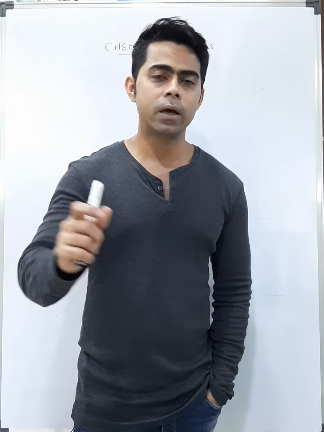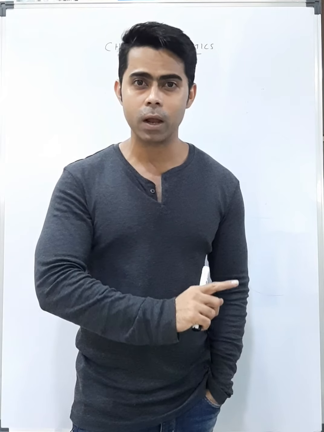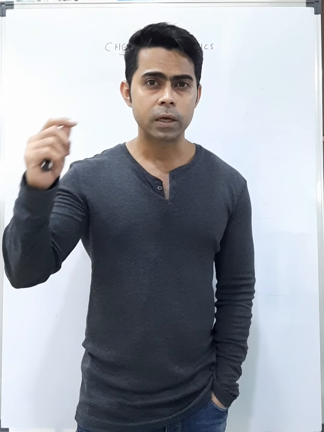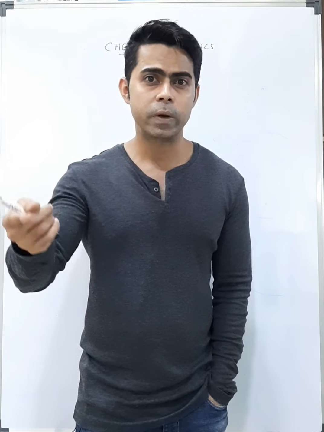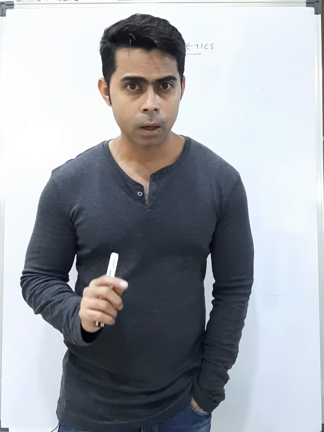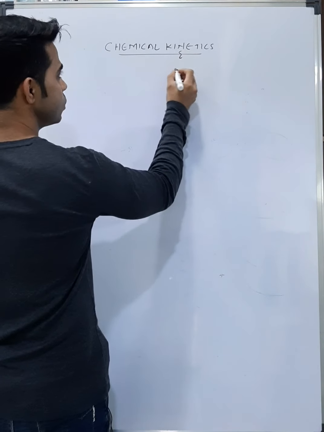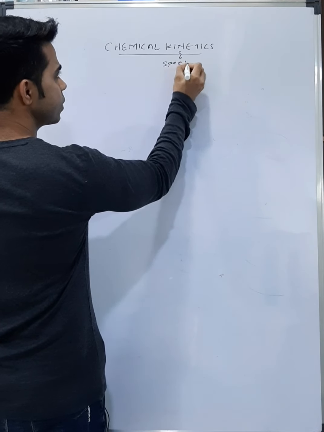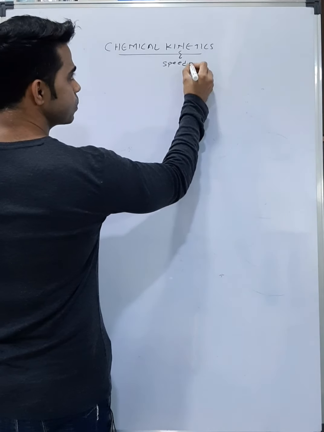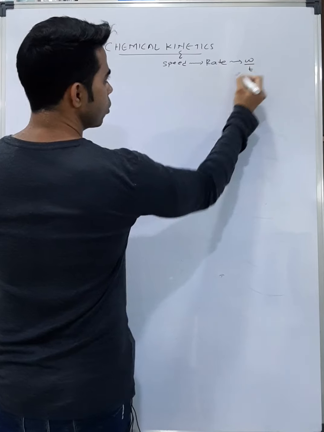in per unit time. So where you cannot evaluate speed with respect to the distance time formula, you try to calculate speed with respect to the rate, and rate is nothing but work done upon time. So if I say chemical kinetics, kinetics means you are finding out the speed of the chemical reaction, but that speed is being evaluated in terms of rate, and rate is nothing but work done upon time.